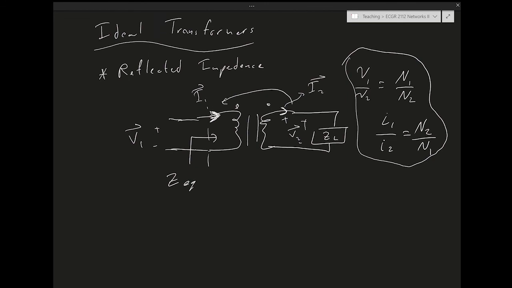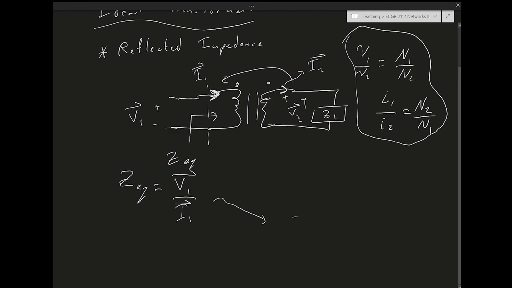Okay, so we want to establish Z equivalent. We know that Z equivalent, or the reflected impedance, is V1 over I1. So what is V1? V1 is going to be N1 over N2 V2. What is I1? I1 is going to be N2 over N1 I2.